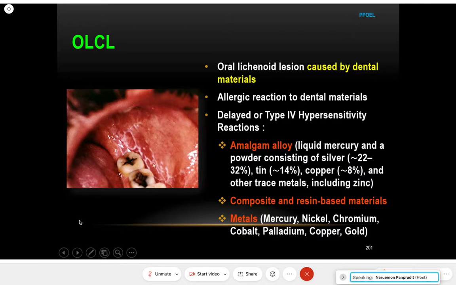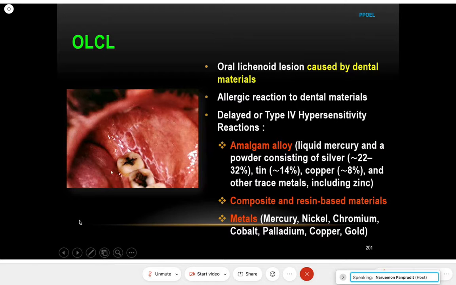So if you suspect an oral lichenoid contact lesion, you need to find a topographic relation, an area related to the dental material, which may be very close, stuck to the area, or a little far away from the material.